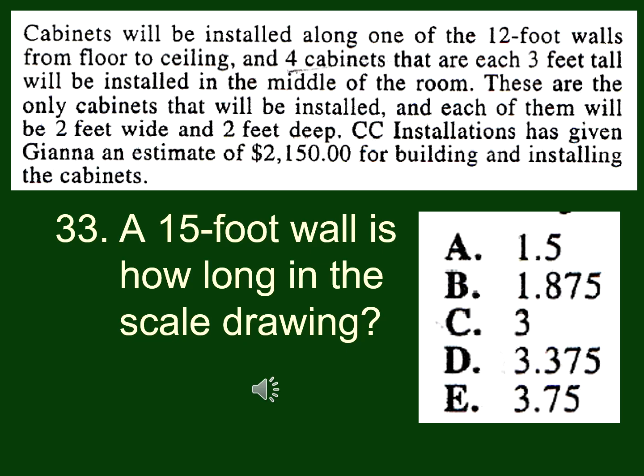So the first question that goes with this, number 33, says a 15-foot wall is how long in the scale drawing? And all the numbers that are here would be inches, even though they're not labeled, but we have 1.5, 1.875, 3, 3.375, and 3.75.